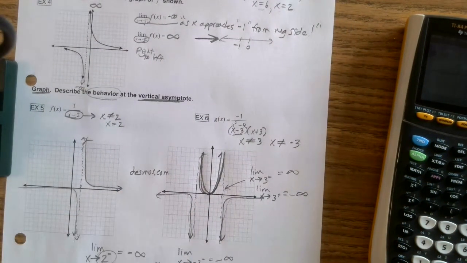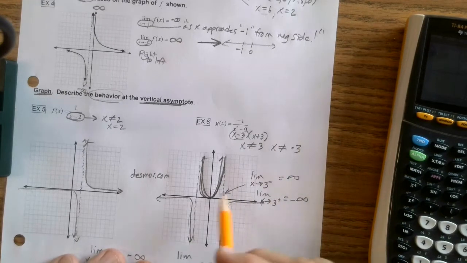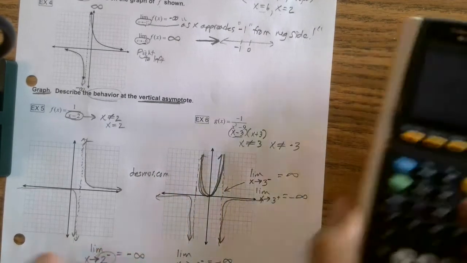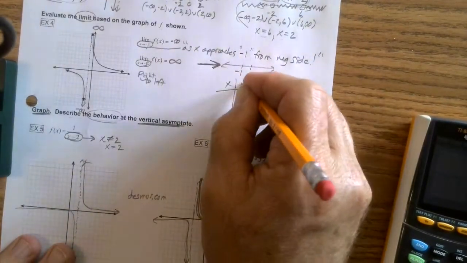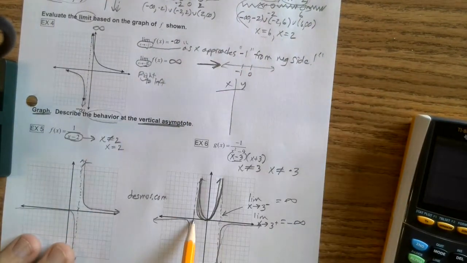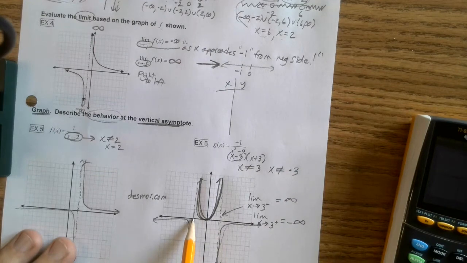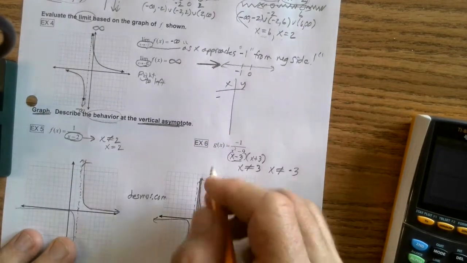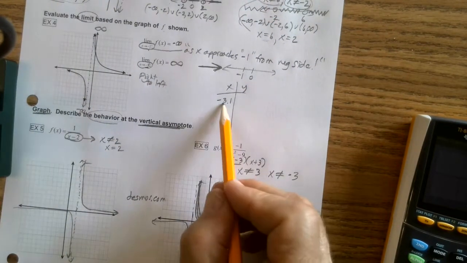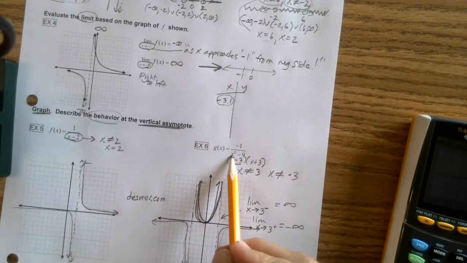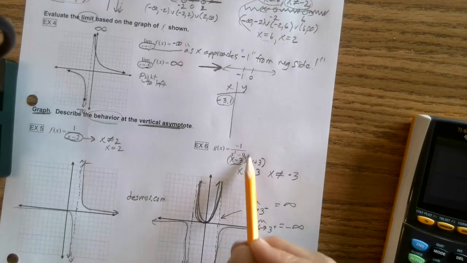Before I close this out, I want you to know that instead of using our calculator to graph this, we could just plug a few things in. For example, I would want to know what negative 3.1 would do if I stuck that in my calculator, squared it, subtracted 9, and figured this out.